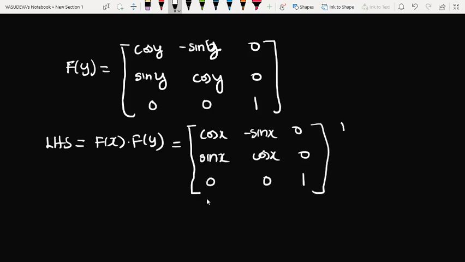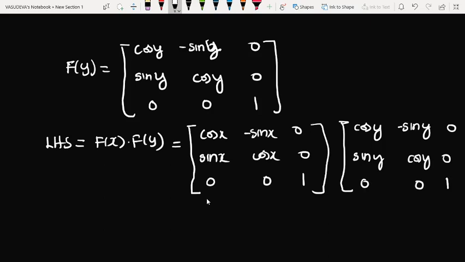And the second matrix will be cos y, minus sin y, 0, sin y, cos y, 0, 0, 0, 1.